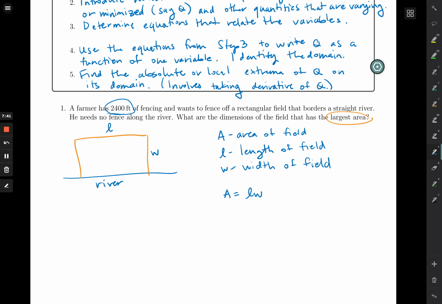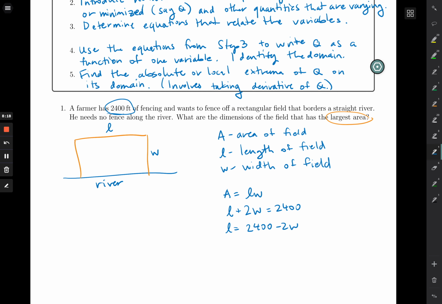So we would want to use as much fencing as we have, right? So if we add up the length L, and then we have two sides of length W, so 2W, that should be equal to 2,400, the amount of fencing that we have. And so that means that L is equal to 2,400 minus 2W.